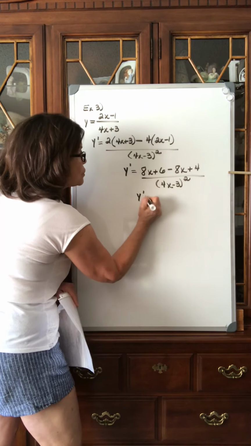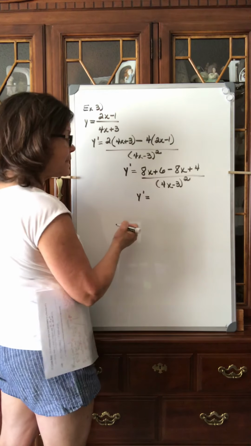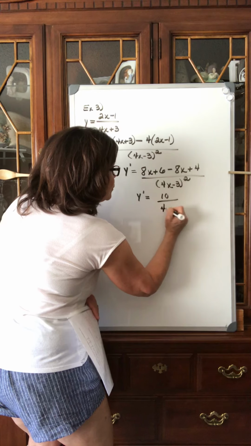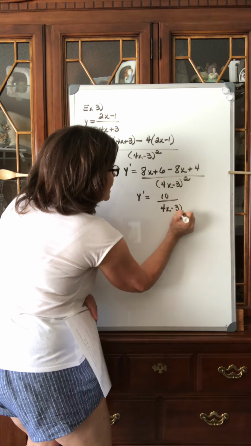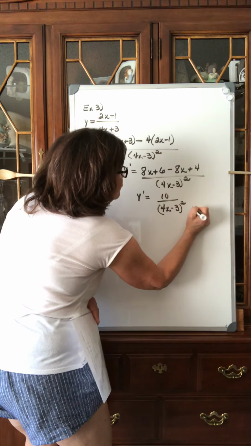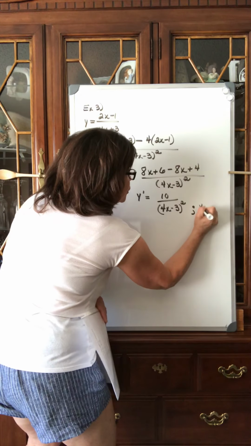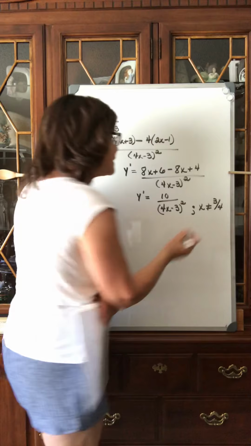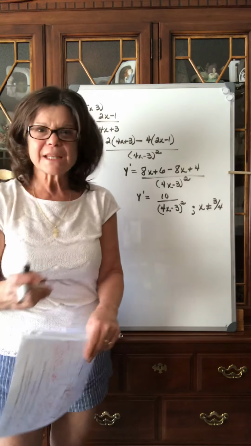So your first derivative, those 8x's happen to cancel, is equal to 10 divided by 4x plus 3 quantity squared. You do have to include that in your derivative, x cannot equal negative 3/4 because that would give you a 0 in your denominator. I don't think this is real hard to follow.